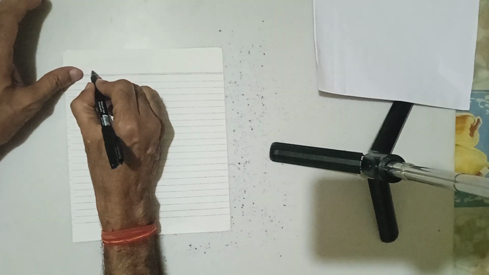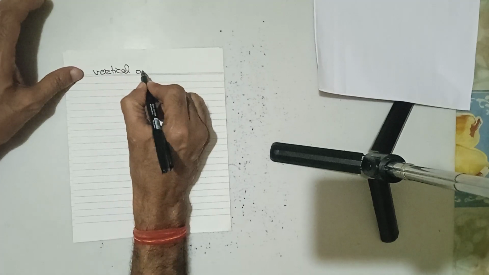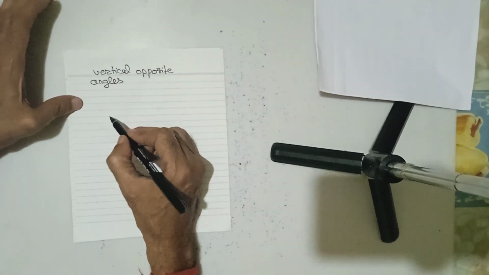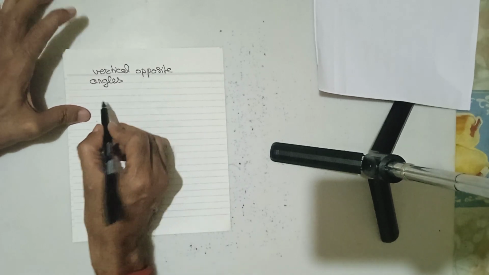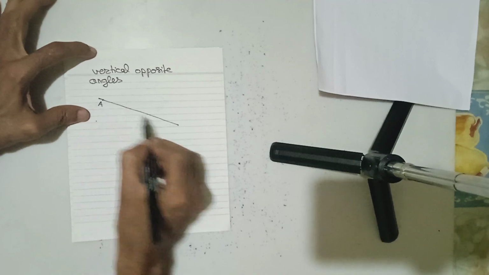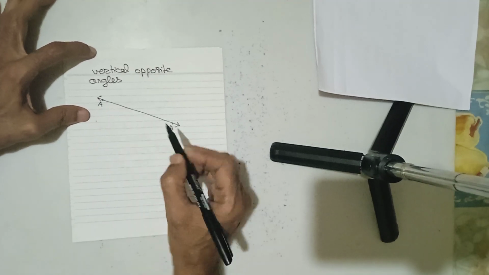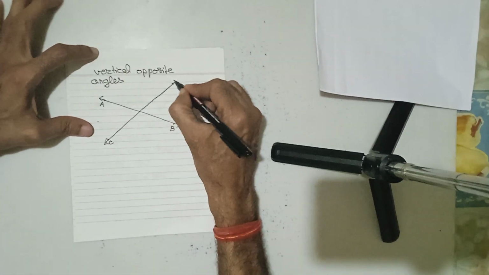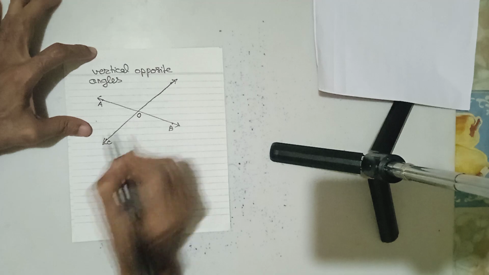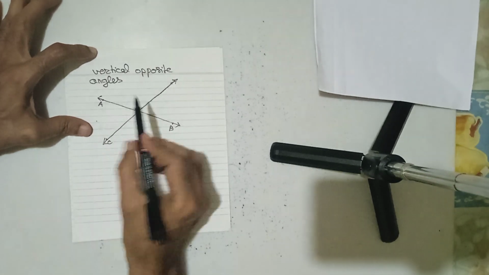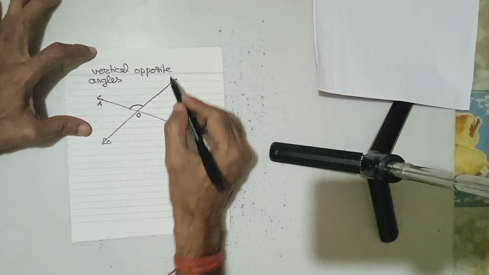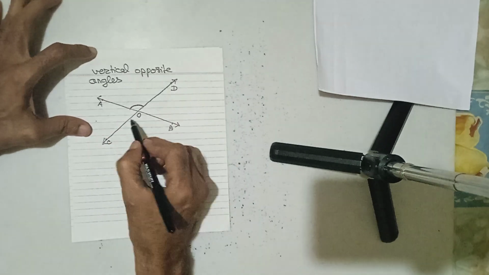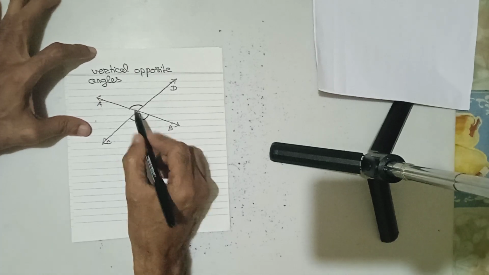When we draw two straight lines intersecting each other, suppose AB is a straight line, and CD is another line intersecting it, both lines intersecting at point O. Then the vertical opposite angle of AOD is COB, and both the angles will be equal.